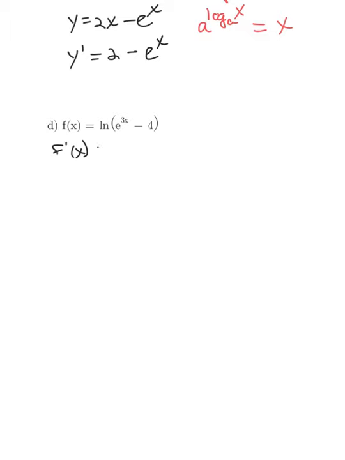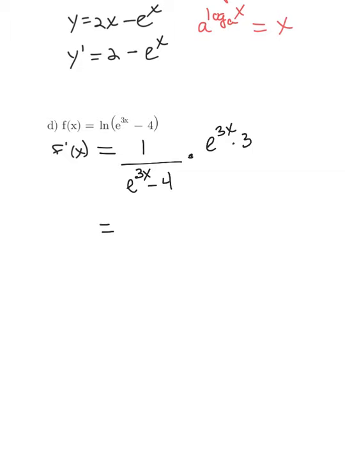And that rule tells us to do 1 over the argument times derivative of the argument. Derivative of e to the 3x will be e to the 3x, just write down the e, times derivative of the power, which is 3, and then the derivative of the minus 4 is 0.